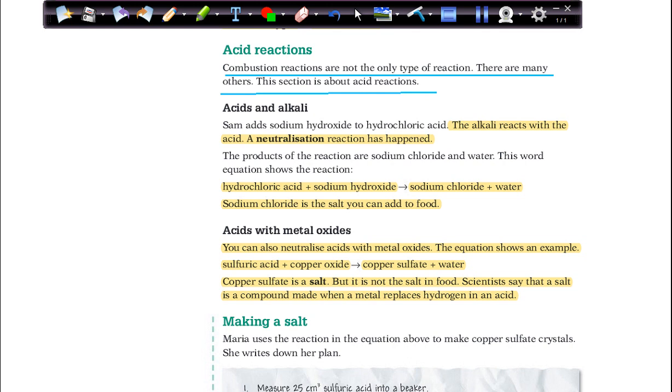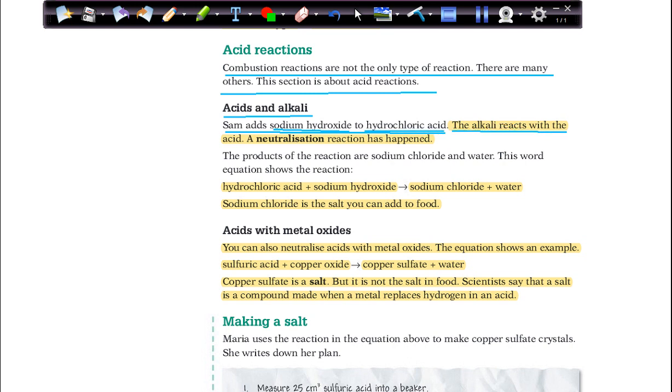So we have acids with alkalis. When we react acid with alkalis, we will get salt and water. So here, Sam adds sodium hydroxide to hydrochloric acid. Sodium hydroxide is an alkali, hydrochloric acid is an acid.